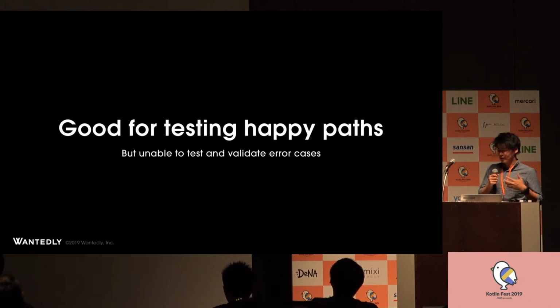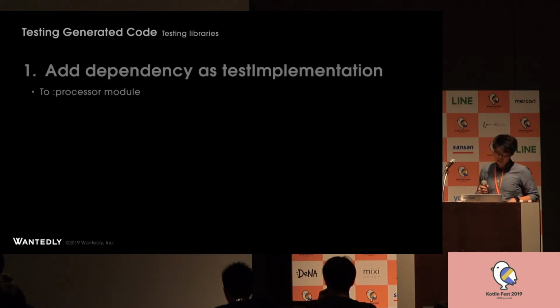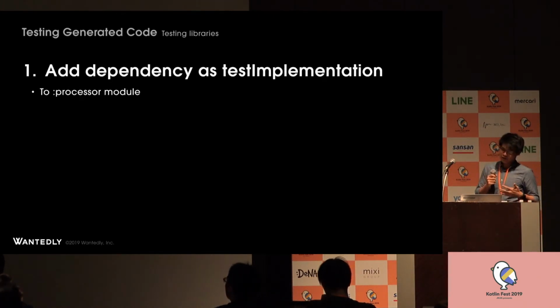If we want to test the error case of our processor, we can use the Kotlin compiler. Luckily, we have some libraries that help us to do just that. Some of the popular libraries that we can use are Kotlin compile testing and compile testing. They both work very similarly.